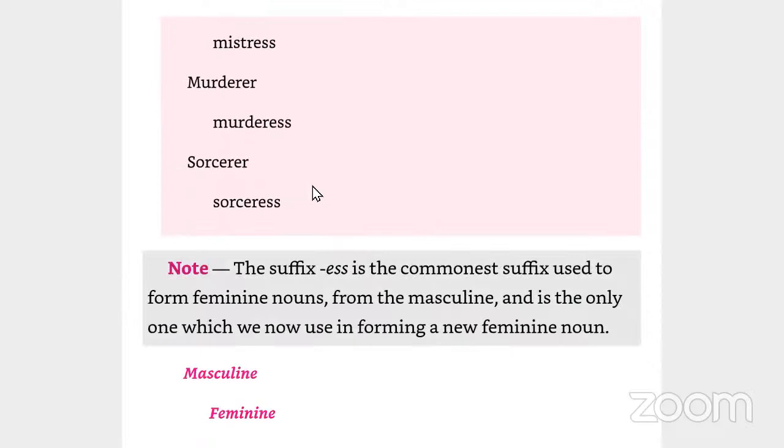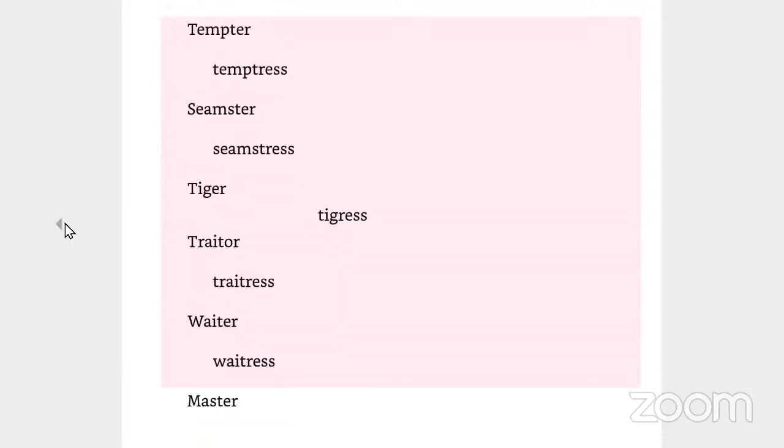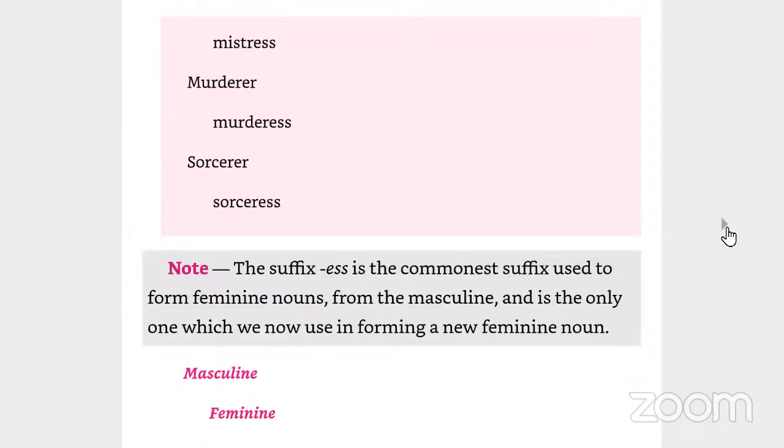If you want to make a new feminine noun, you can add ess. So what is the feminine of traitor? As we learned, traitress, T-R-A-I-T-R-E-S-S. Understood? So now some more.